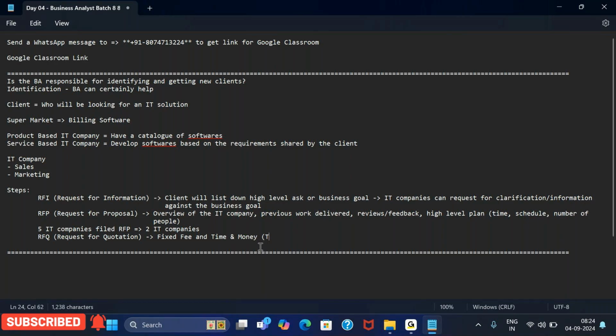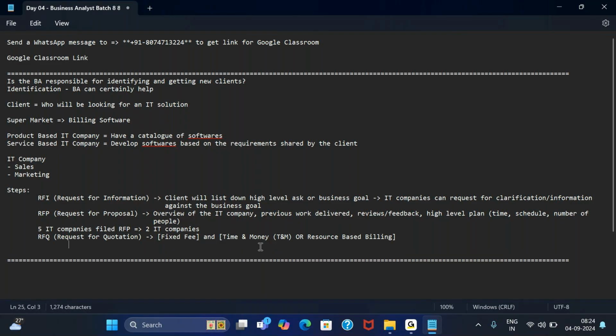Some places it is referred to as TNM, or it is also called resource based billing. Okay, so what is fixed fee? What is time and money? We'll just quickly understand that.